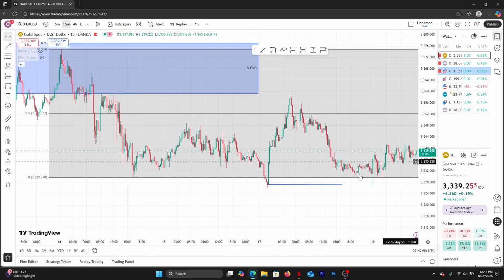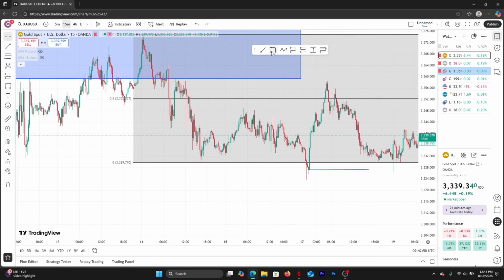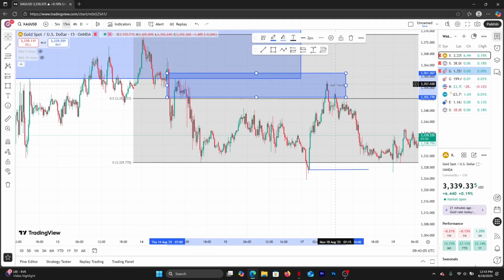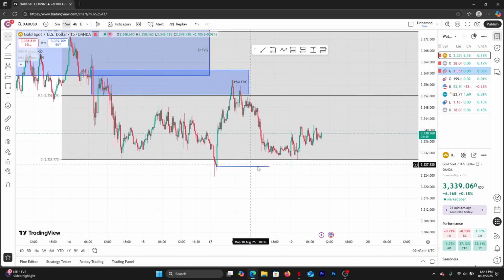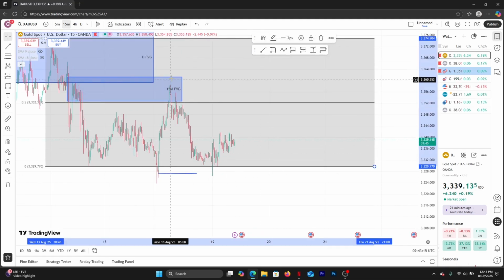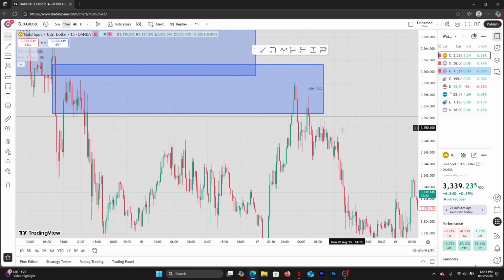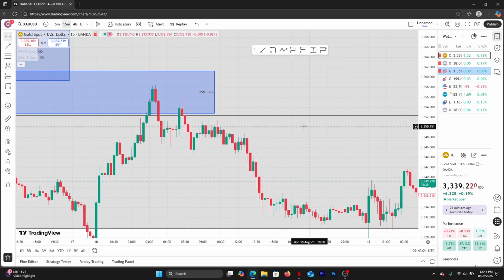and I was looking at what do we have in this level at this 0.5 where price is likely to react off of. We had this 15-minute fair value gap, right? And now we have that 15-minute fair value gap. I'm expecting price to react off this fair value gap and drop lower, and that is what happened.